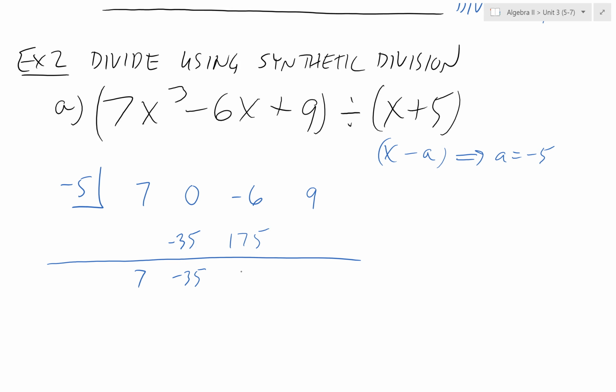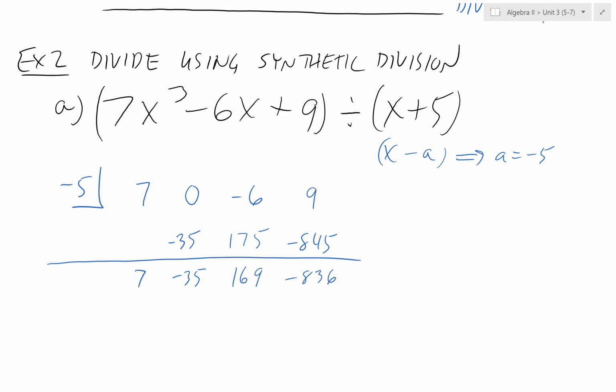Add, and we get 169. Multiply, negative 5 times 169 is negative 845. Add, that is negative 836.